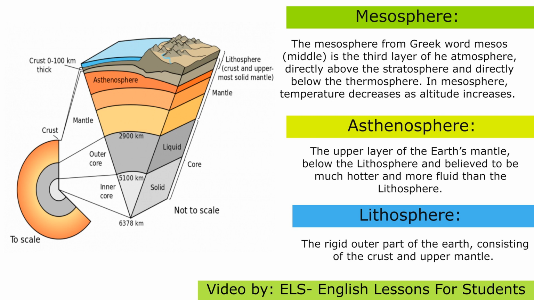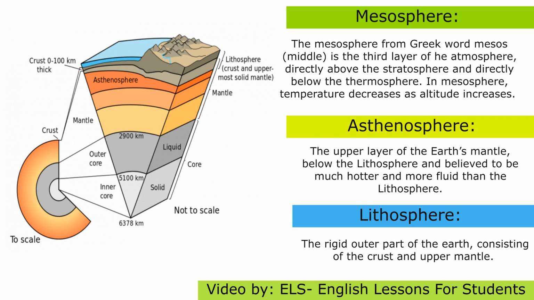Now come to the lithosphere. Students, the lithosphere is the rigid outer part of the earth, consisting of the crust and upper mantle.